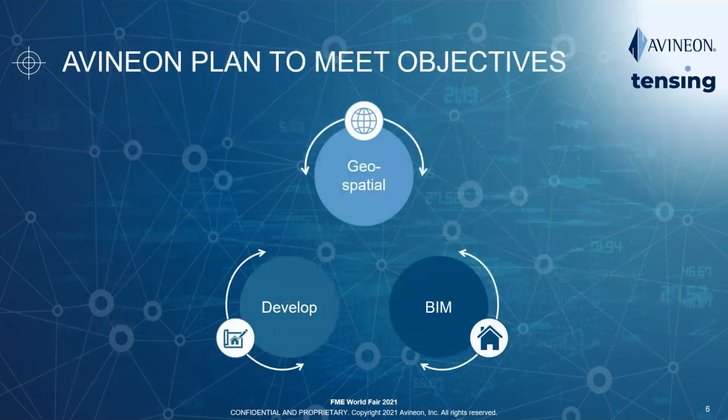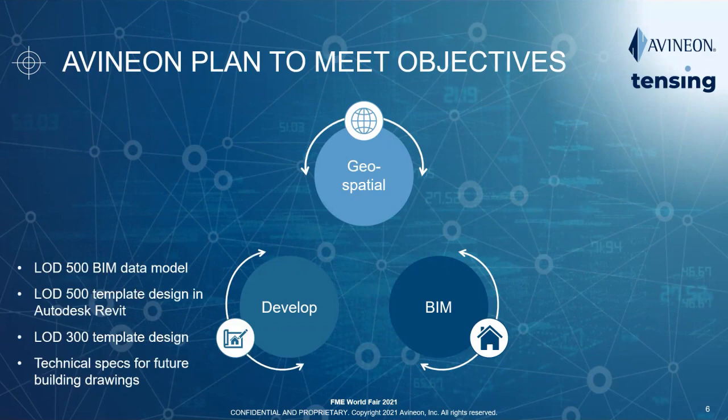So let's talk a little bit about the plan. What was the plan to meet these objectives? Well, in the development stage, we needed to define the LOD 500, the as-built quality BIM data model and building elements. We also designed the LOD 500 based BIM template drawing in Autodesk Revit.